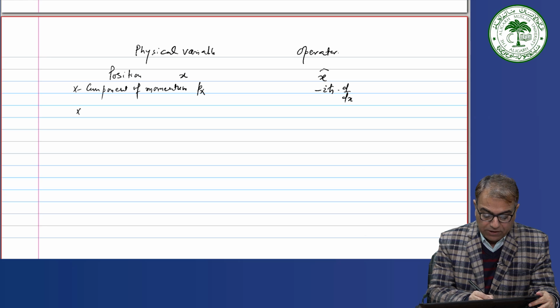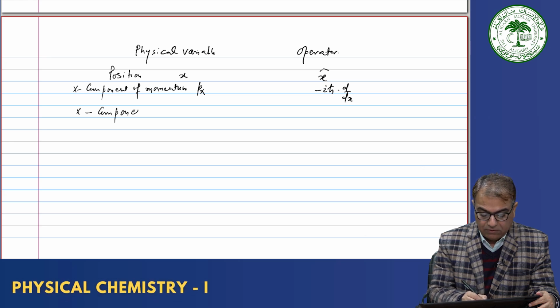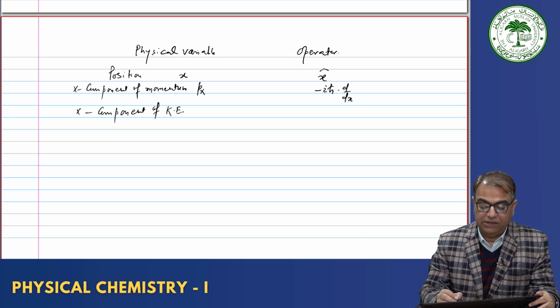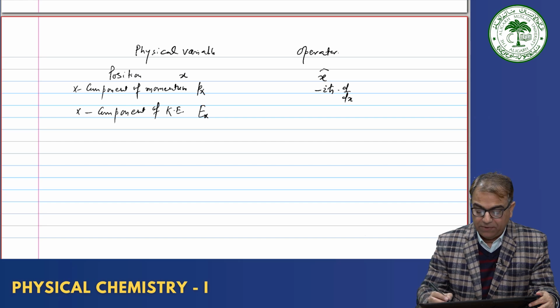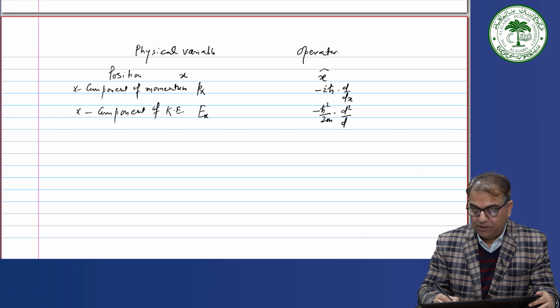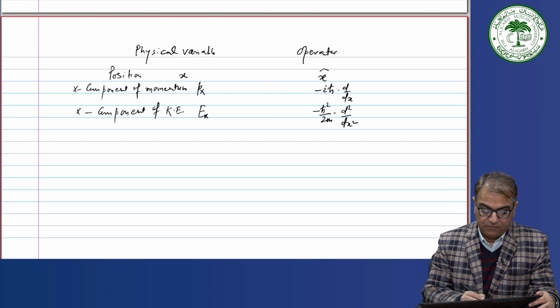For x component of kinetic energy, you will have an operator like minus h cross square divided by 2m d square by dx square.